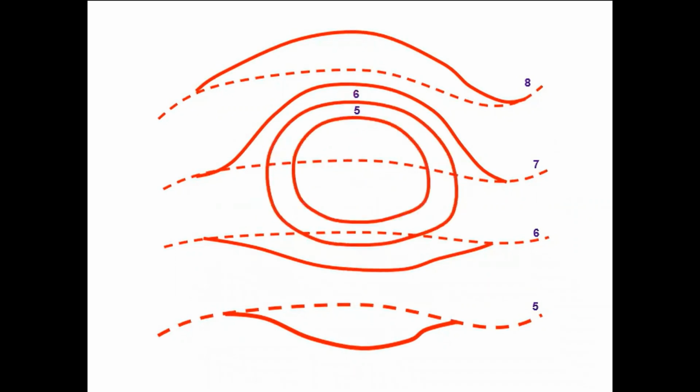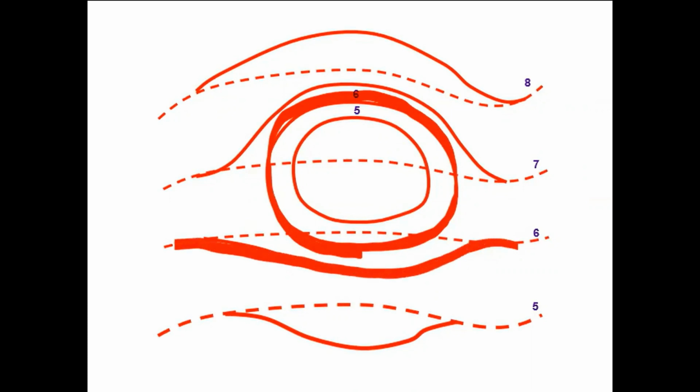Now, when we put in these new contours, it's important that you understand that this contour, the very first contour that goes in, is the same elevation as the contour that is right below it. So this is a 6 contour as it's labeled, and this is a 6 contour as it's labeled. That means that both of these are 6 contours. This and that are both 6 contours.